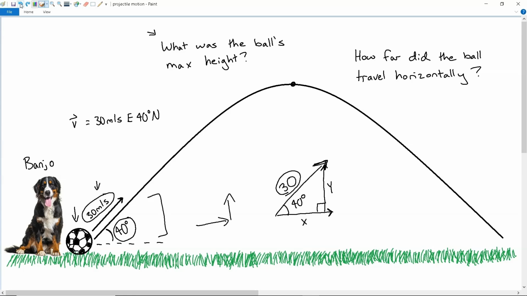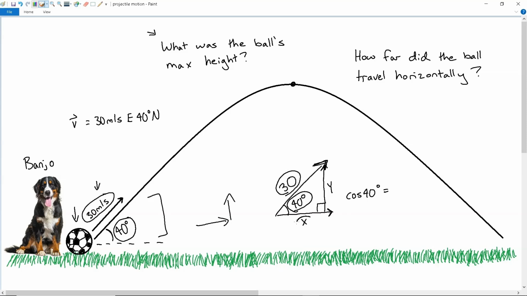The way we're going to solve for these individual components of velocity is with our trigonometric ratios. If I look at cosine for 40 degrees, I could say that cosine 40 is equal to the adjacent side of the triangle over the hypotenuse.